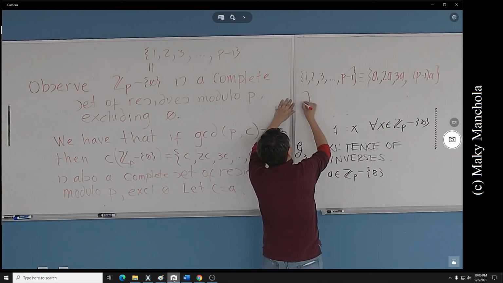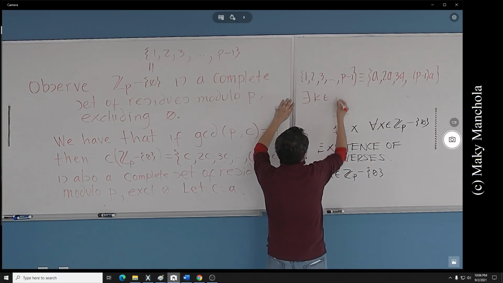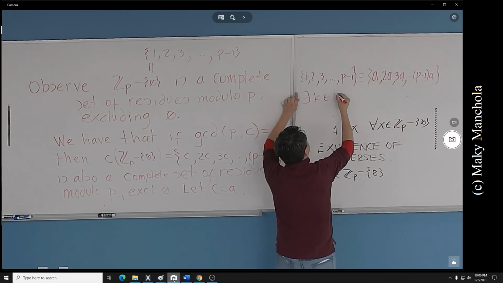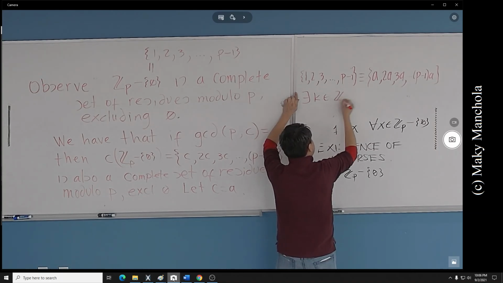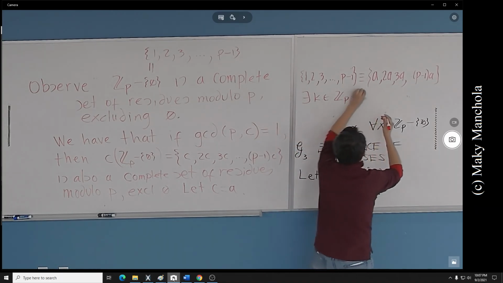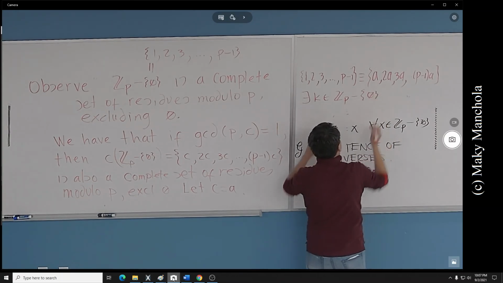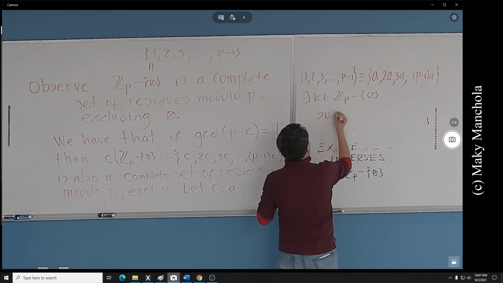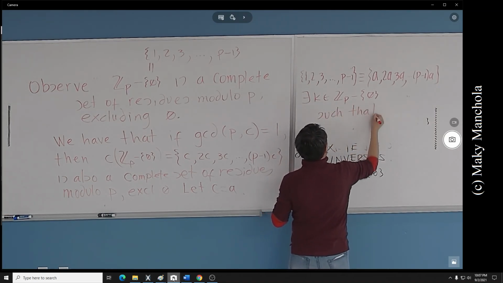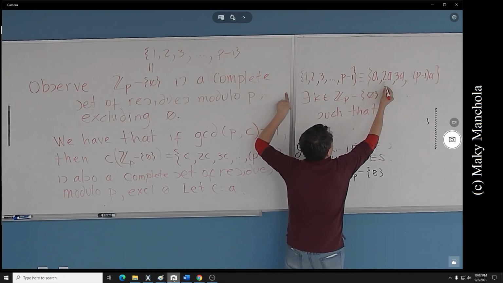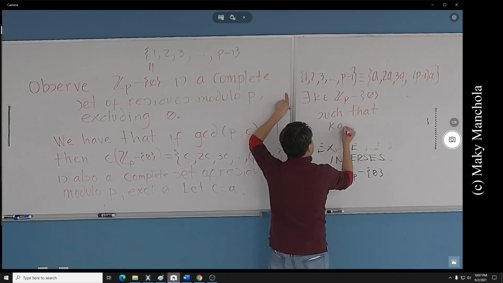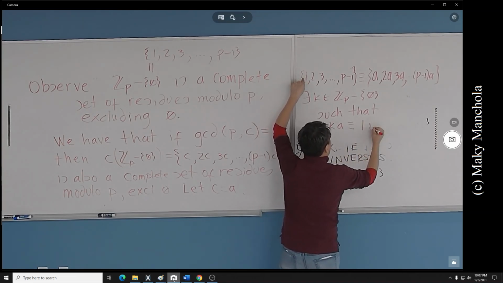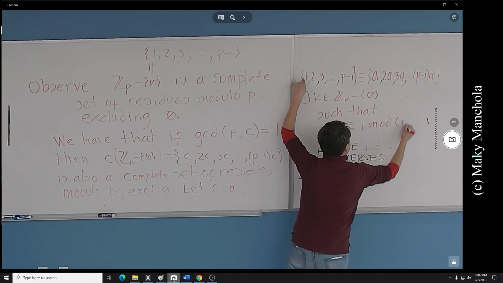So there exists K, which of these elements is going to be 1, 2, all the way to P minus 1, so there exists an element in ZP minus 0, such that KA is congruent to this particular entry of the left-hand side, modulo P.